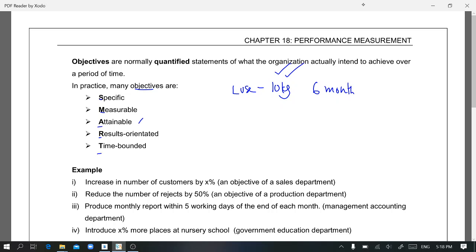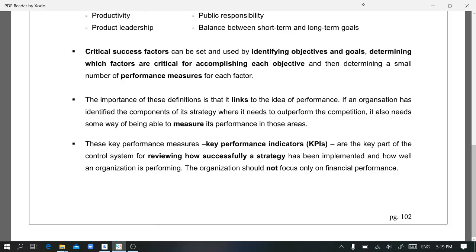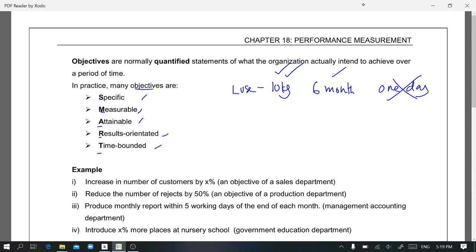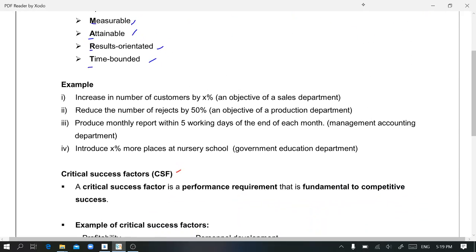Is it attainable? 10 kg in 1 day is not attainable. 6 months, yes, it is attainable. And result-oriented, yes, 10 kg. Time-bounded, yes, within 6 months. So these are some of the characteristics of objectives. You must be very specific on what you want to achieve, and it must be measurable, attainable and time-bounded. Alright, so these are some of the examples.